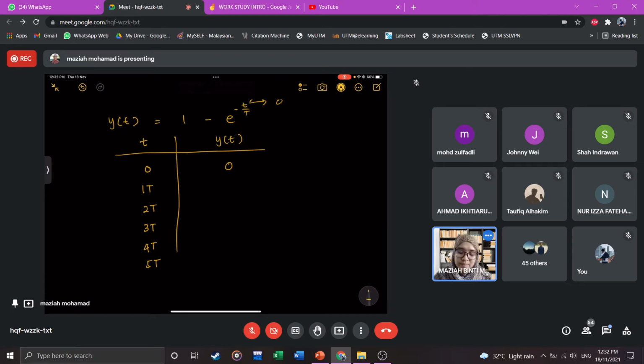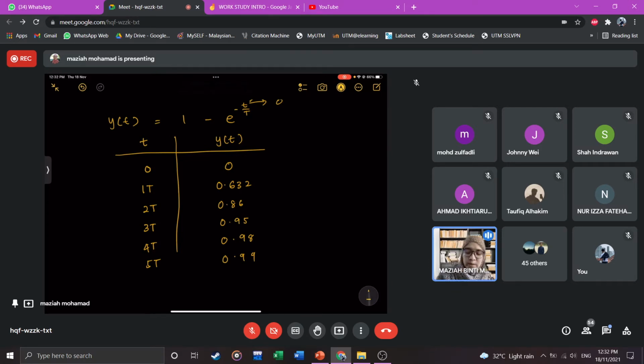Then 1 tau gives 0.63, 2 tau gives 0.86, 3 tau gives 0.95, 4 tau gives 0.98, and 5 tau gives 0.99. This is standard, so basically the values will be in standard form.